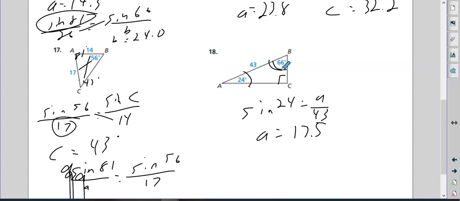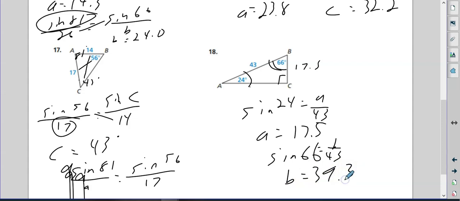I could use whatever I want. I had 17.5. I could use this number. And any variety of ways of doing this. I'm just going to do sine of 66. And again, I'm going to say little b over 43. Multiply both sides by 43. And I get 39.3. That's it.